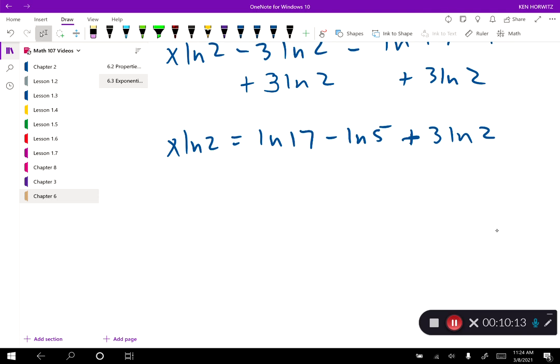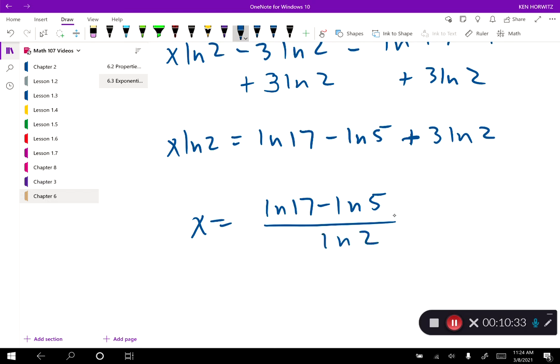And now I'm going to divide both sides by ln 2. So I have x equals ln 17 minus ln 5 over ln 2 plus 3, because if you divide everything by ln 2, those two would cancel.